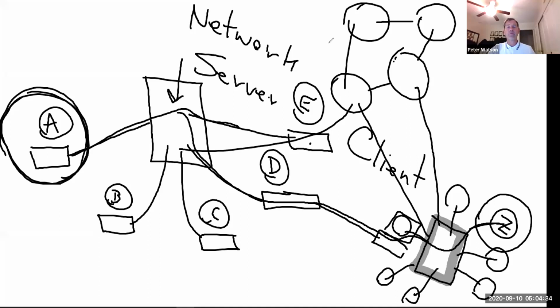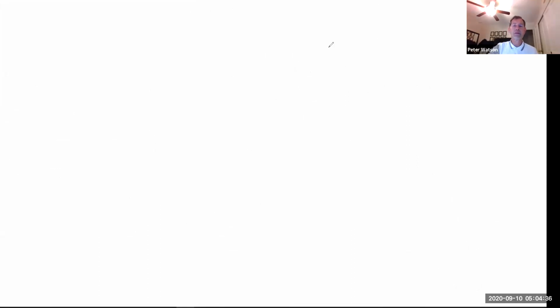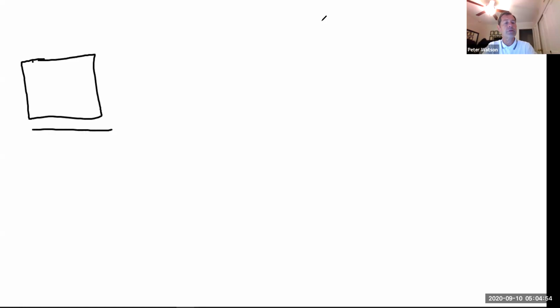And what I want to do now is talk about how we use the internet. So let me go back to my whiteboard here and let me get rid of this stuff. And let's talk about how we have an internet connection and what actually happens. So most of the time when we're on the internet, well, actually, let's say that all we have is a computer. So we have a computer and it's hooked up, and here is my monitor and here's the computer. And so I need to get onto the internet.